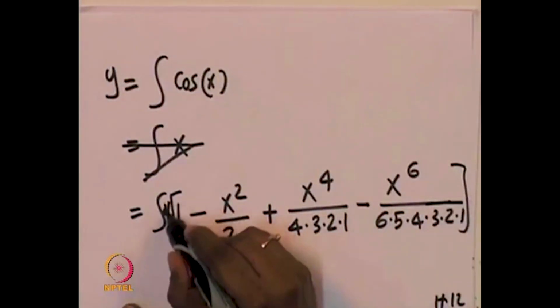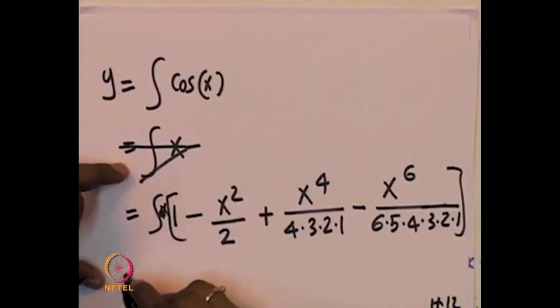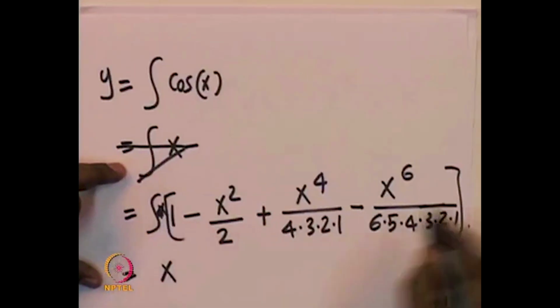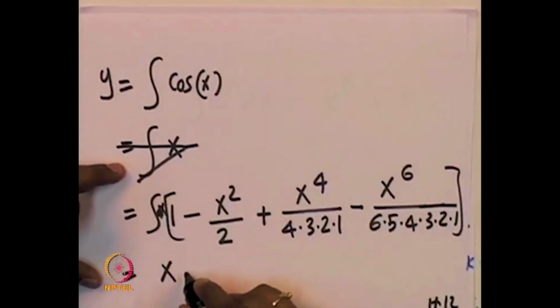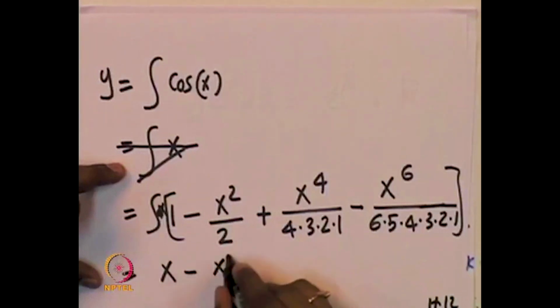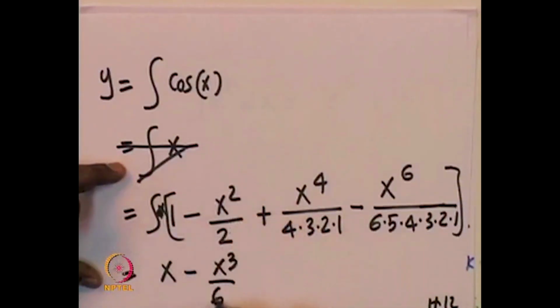So, you find the integral dx. Now the integral of 1 dx is x. We can write the integral of minus x square by 2 as minus x cube by 3, since 3 into 2 is 6.